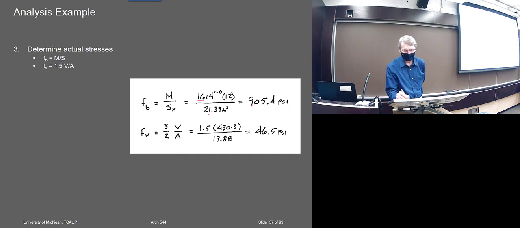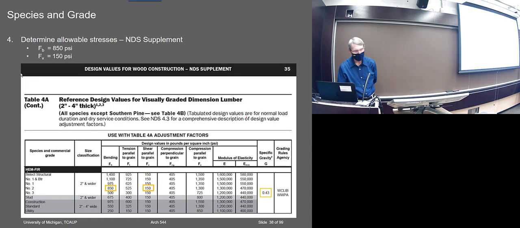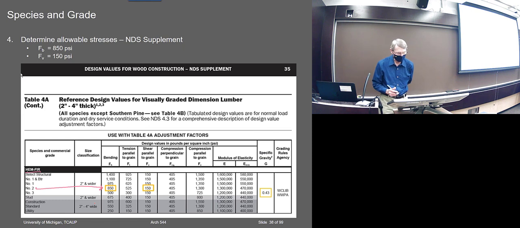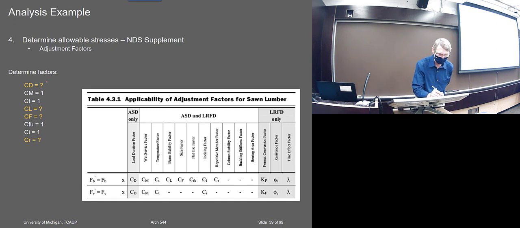It looks like it. And that gives me an FB of 905. Then we compare that to Hem-Fir. Is that what we're using? Grade number 2. Okay. That would be 850. Okay. Put the factors on it. This is snow, so we've got the 1.15 for sure.